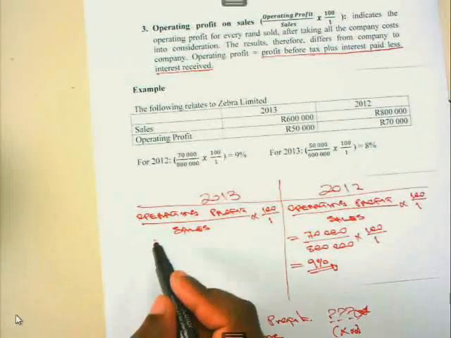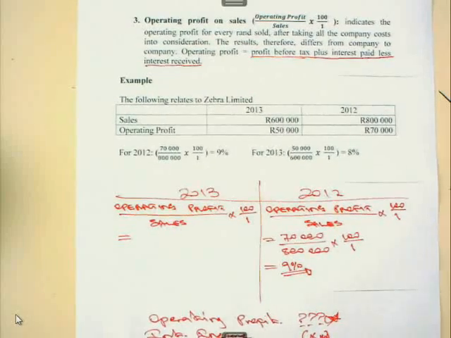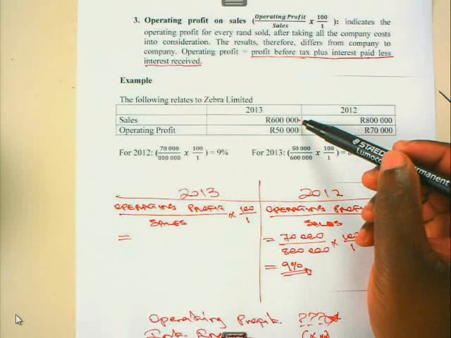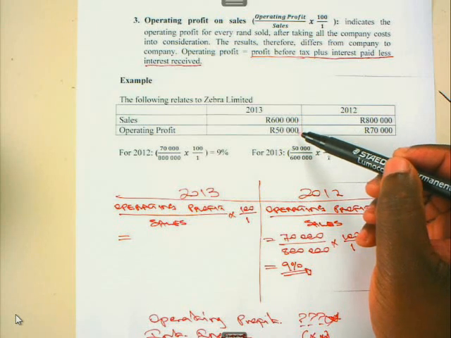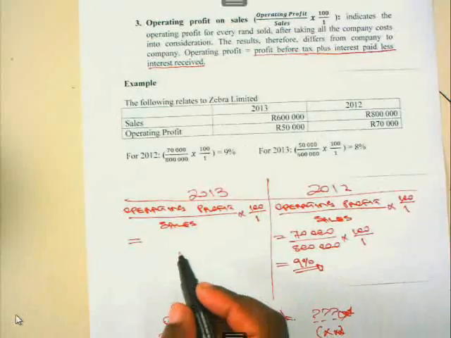For 2013, your sales is 600,000. Your operating profit is 50,000. Let us take it to the formula.